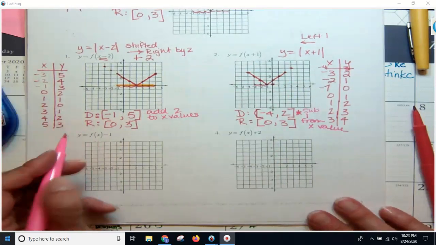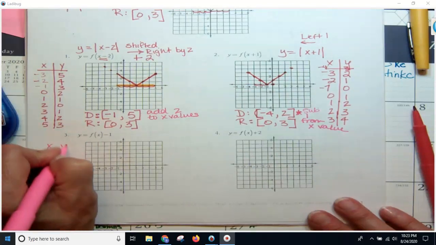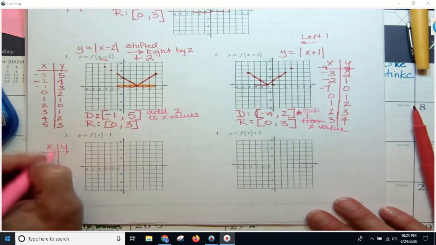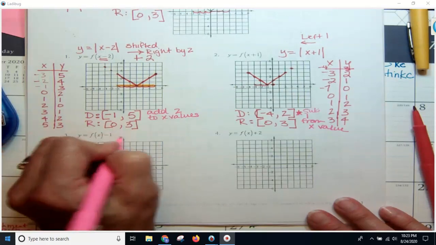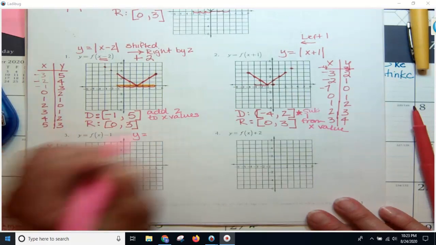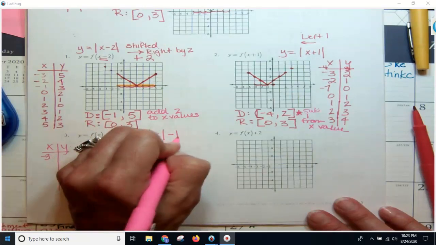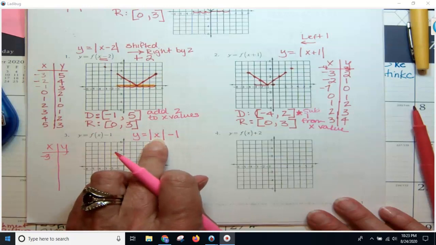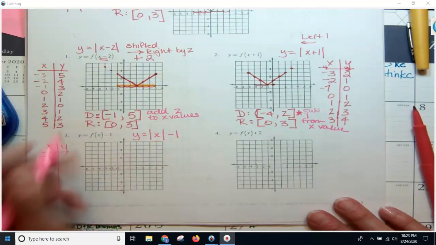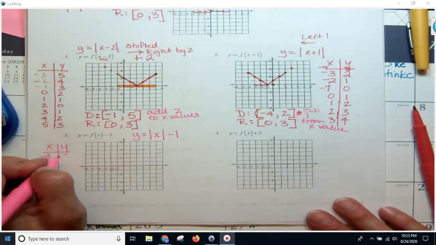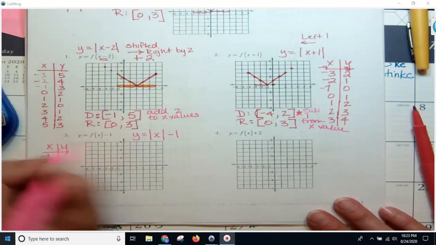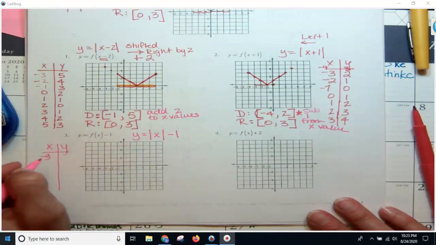Now we've got this. If I do my table, we've got -3, and this equation is going to be y equals the absolute value of x minus 1. So my function is inside, my change of the function is outside. How does that affect?